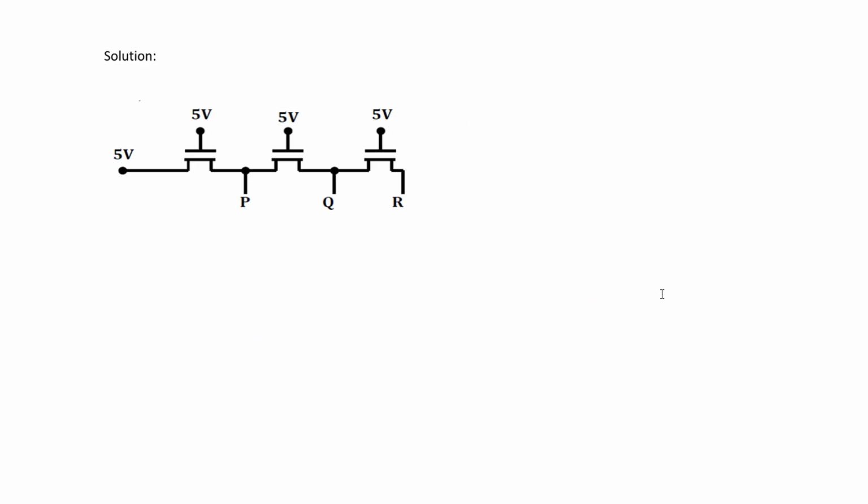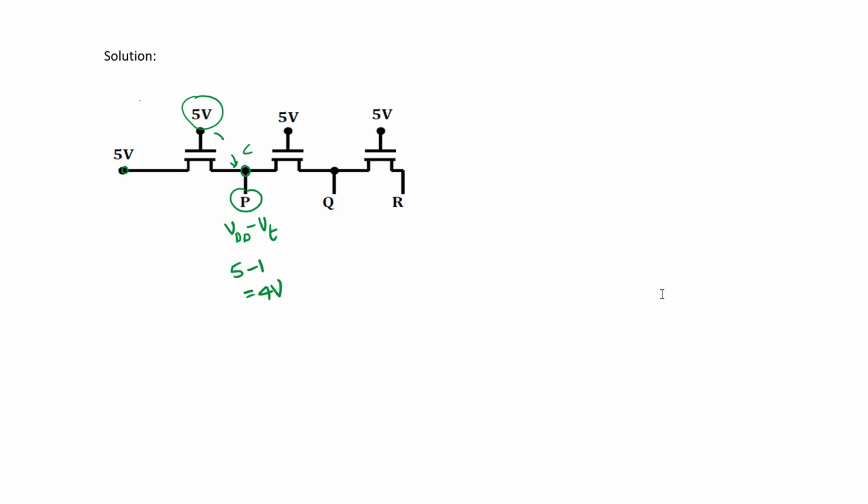So from the previous discussion, when a positive voltage is applied at the gate terminal, here 5 volts and here also 5 volts, at this point P we get VDD minus VT. In the question the threshold voltage is given as 1 volt, that means 5 minus 1, so 4 volts appear at this terminal.